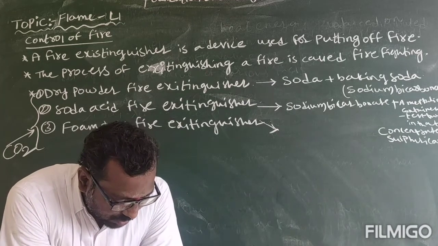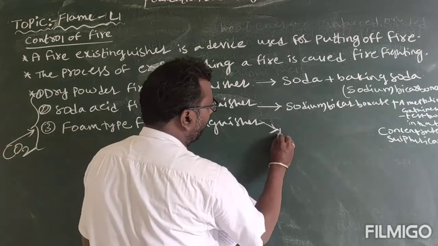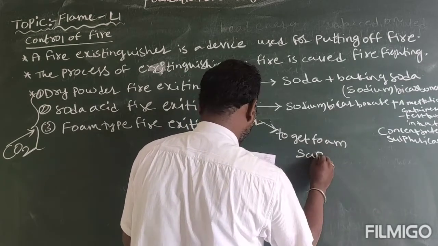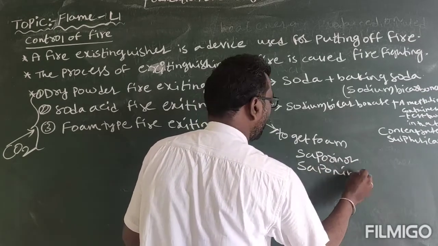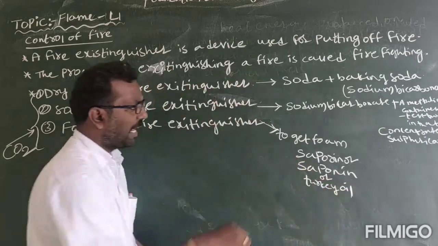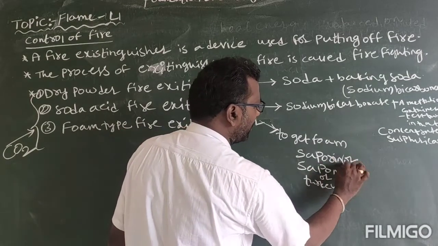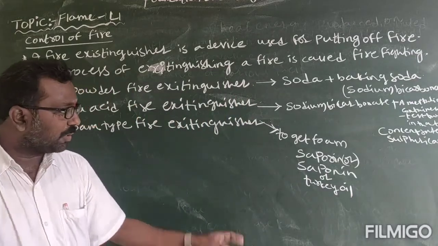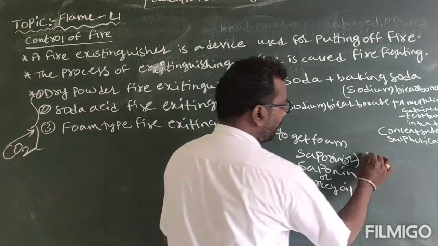And foam type, as you already know, to get foam they will be adding a material called saponin or turkey oil, along with sodium bicarbonate solution.